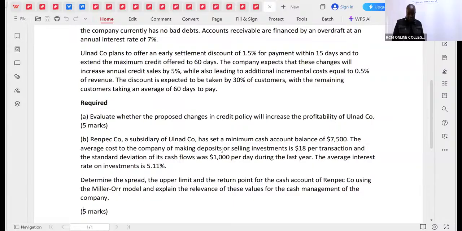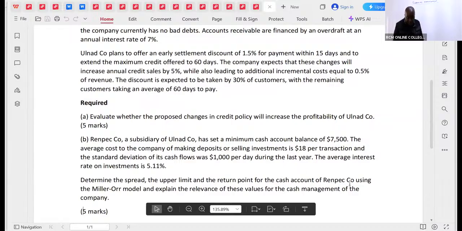So they want us to determine the spread, the upper limit, and the return point for the cash account of Renpec company using the Miller-ORR model, and explain the relevance of these values for the cash management of the company.